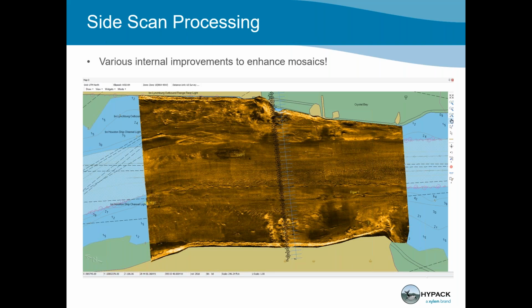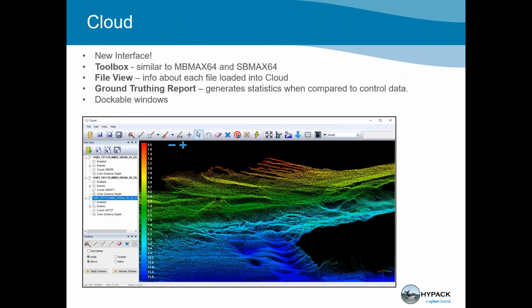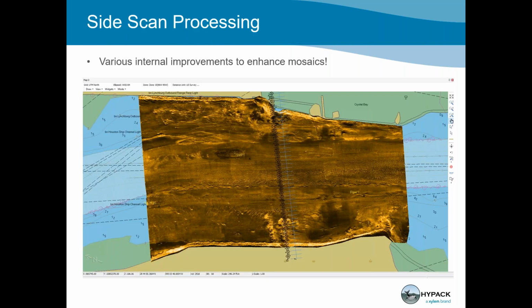So that's another bit of functionality that we added here in HyScan. And certainly a great uptick in quality of the mosaics, and we've seen that these last couple years. So it might not be a new feature as much as it is enhanced quality of your mosaics for your side scan.